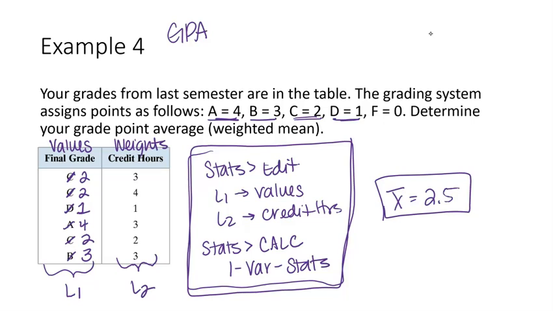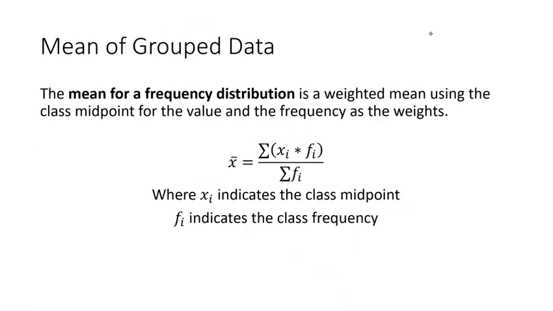All right, we're going to do one more for this video. And this last example is still considered a weighted mean. However, it's called a mean for grouped data, or a mean for a frequency distribution. Remember, we dealt with frequency distributions in our last lesson, 1.2, and I can actually find the average of my data values when they're in that frequency distribution.